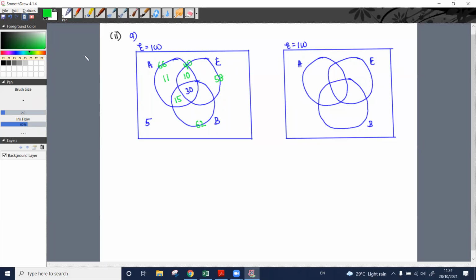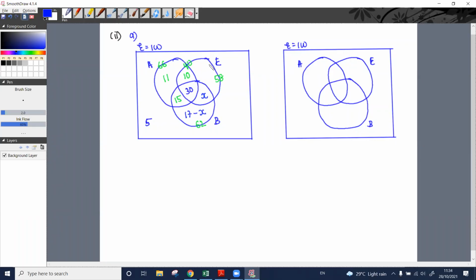Therefore, we'll assume it as x here. If it is x here, what should be the value here? 30 plus 15, 45. 62 minus 45, that is 17. 17 minus x.